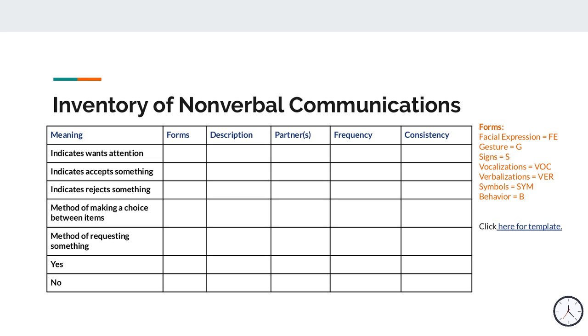And so understanding the nonverbal communications in this way, being able to document it in a grid so that you can share those with your colleagues, it seemed to me like a powerful way to build group knowledge of a student and their communication strategies.